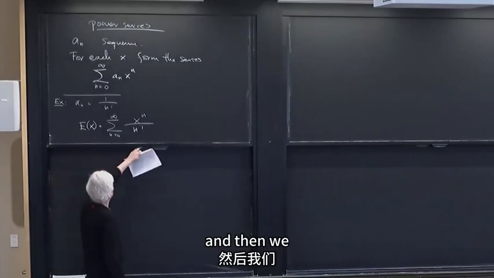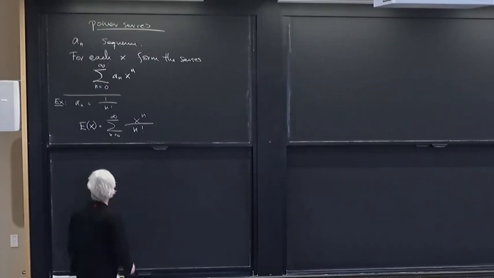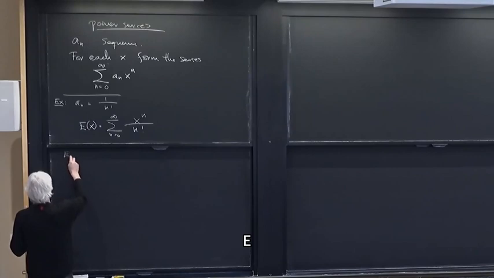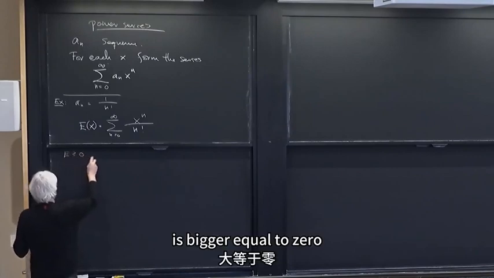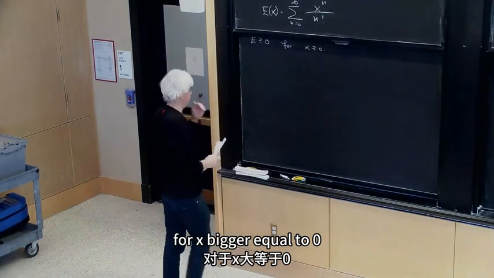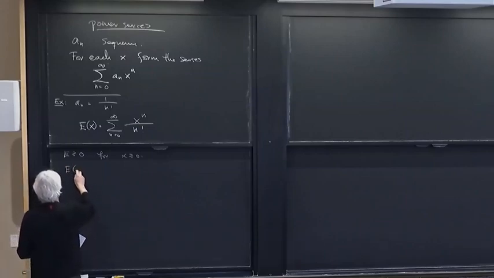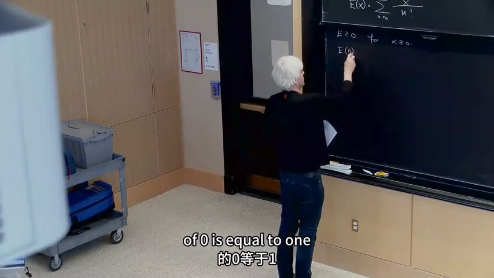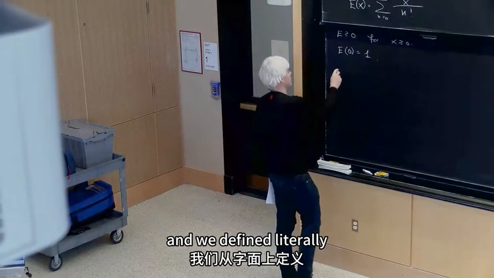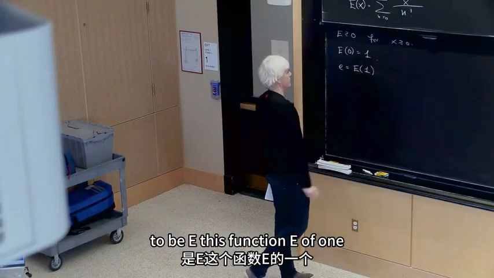And then we observed that E is bigger or equal to 0 for x bigger or equal to 0. And we also observed that E of 0 is equal to 1. And we defined little e to be this function E of 1.